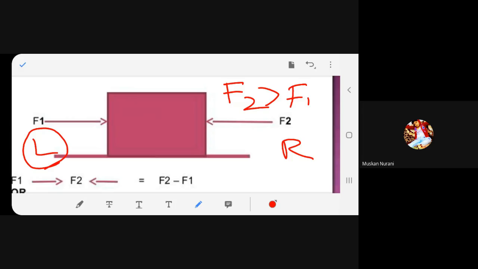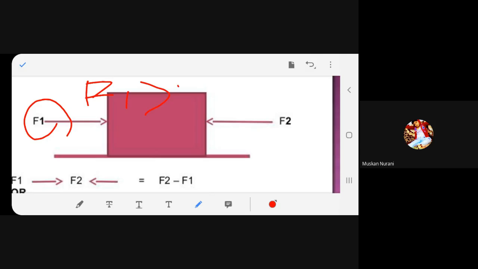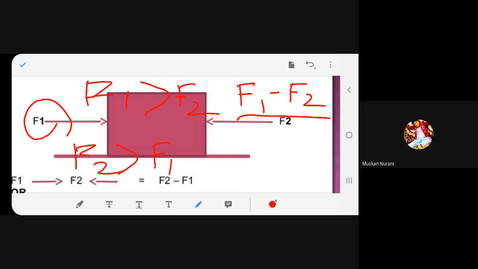So what are we doing? Whatever is more, if F1 is more, the resultant effect will be F1 minus F2. You agree? If F2 is more than F1, then the resultant will be F2 minus F1.